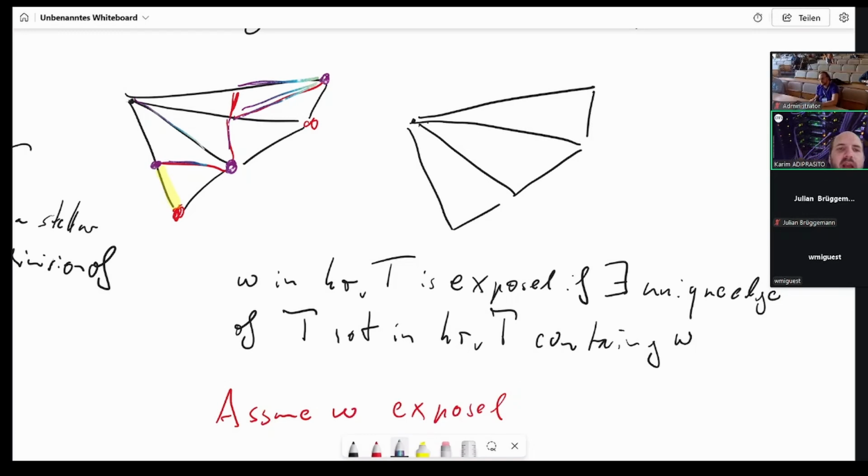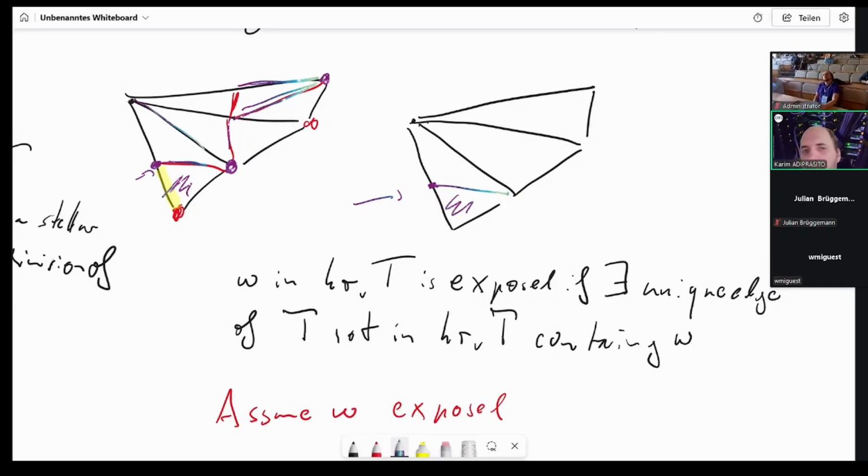I look at this vertex and I perform a stellar subdivision here in the stripe. Perform this stellar subdivision, it looks like this. Notice now that this part here and this part here look the same.